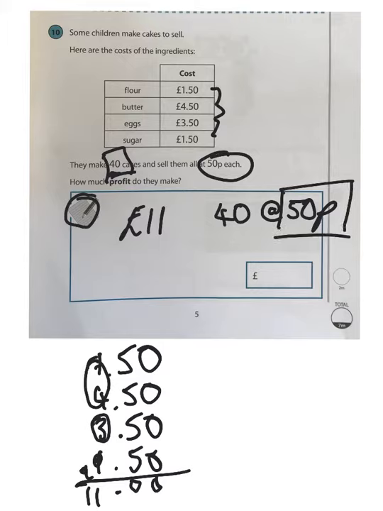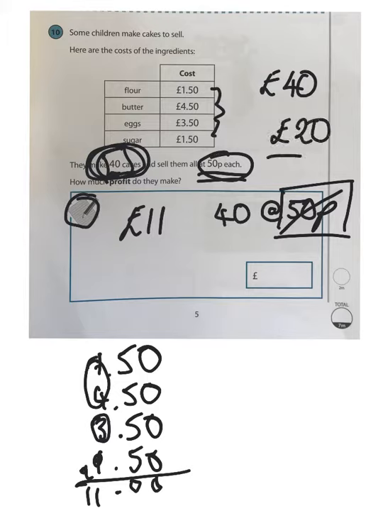If the cakes were a pound each and they'd made 40, what would it be? £40. But they made half that. So they made £20.